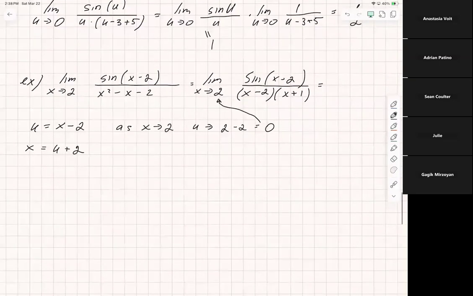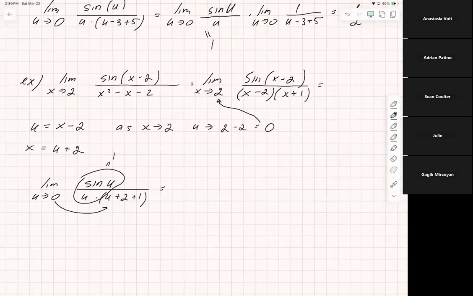We would have limit as u approaches 0 of sin u over u times 1 over (u + 2 + 1). We get the same thing. This one is 1, and when we plug in 0 here, we have 1 over 2 plus 1, which is 1 over 3. So this is your final answer.